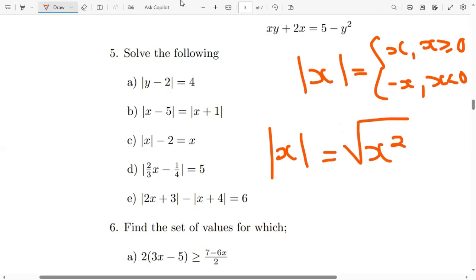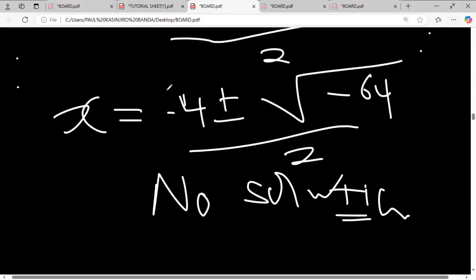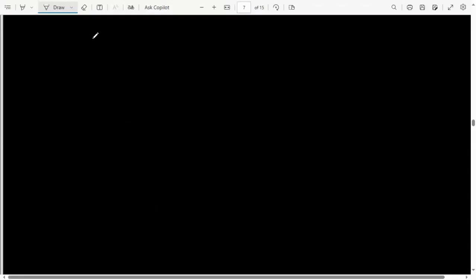The first one is the modulus of y minus 2 is equal to 4. How are we going to solve this? We can solve this in two ways, using the definition of the modulus that I gave. The first one is you solve it the way it is.